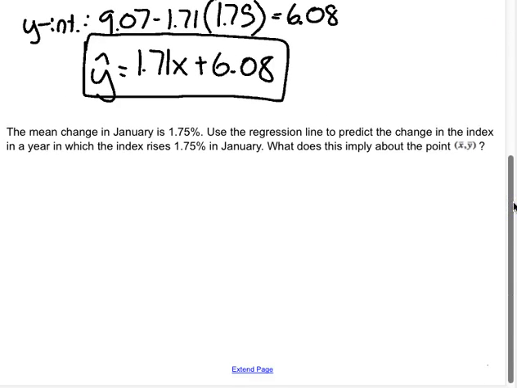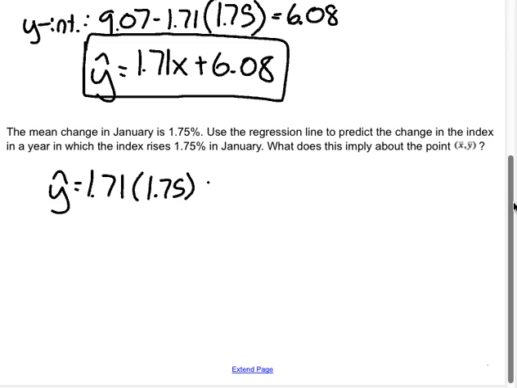Okay. So now let's take a look at this. The mean change in January is 1.75%. Use the regression line to predict the change of the index in a year where it rises by that 1.75% in January. So basically it's saying predict the year change if January really does rise from that mean.